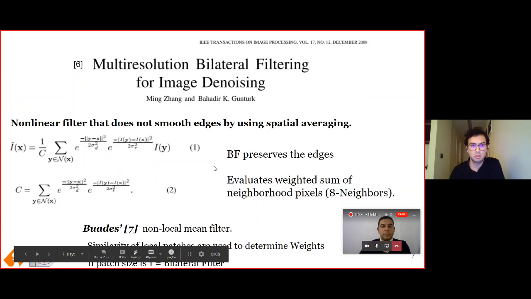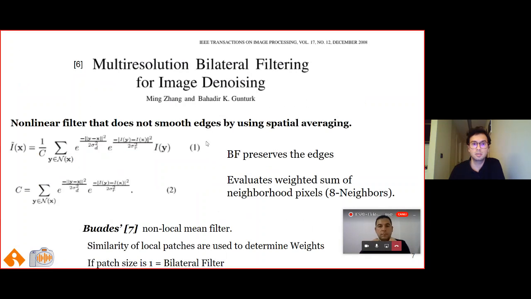The other one is multi-resolution bilateral filtering. Actually, this bilateral filtering is very similar to Buades' non-local means filter. If you check these two methods, you can see that if the patch size of the non-local means filter is equal to 1, then we can call it a bilateral filter.